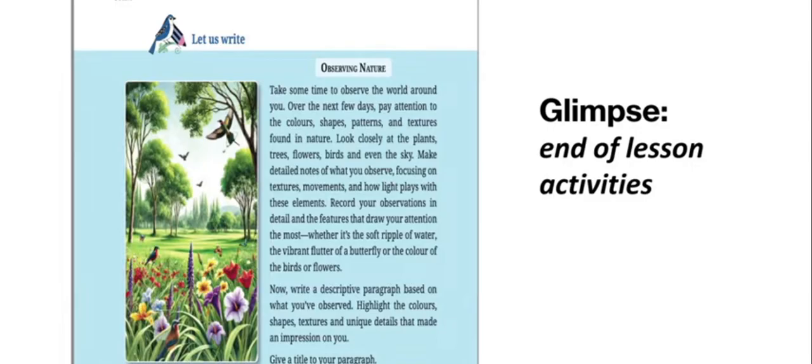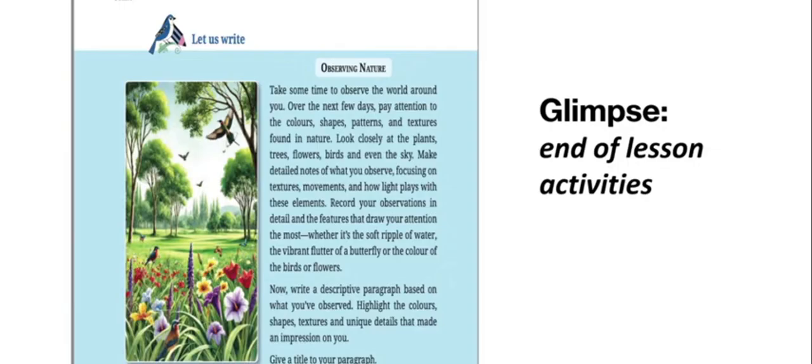And then we have let us write. And when we come to let us write, we have not left the students unattended. There is a lot of scaffolding. Now, for example, in this particular task, we have asked the student to observe the nature around them for a week. Just write down what you observe. Birds, plants, or anything else. They can write about animals.